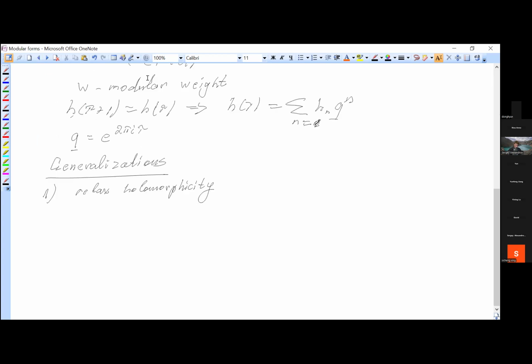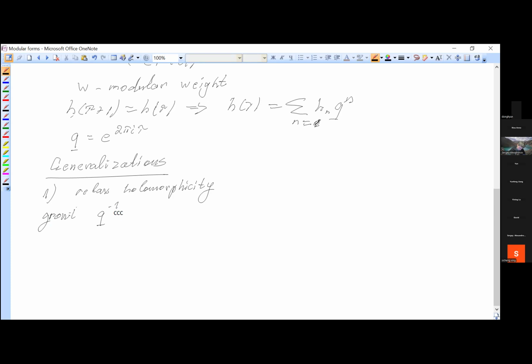Okay, so let's go to our generalizations, and the first generalization is that we relax holomorphicity. How? We allow for a polynomial growth in q to the minus 1.